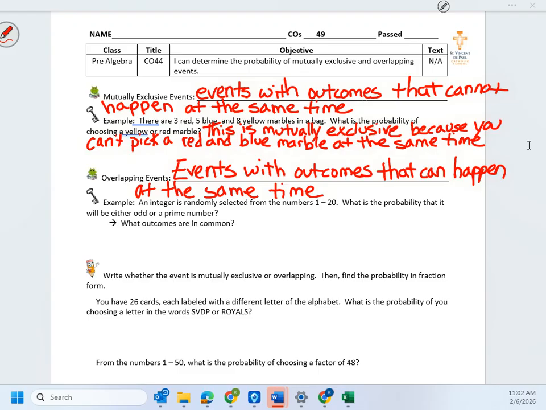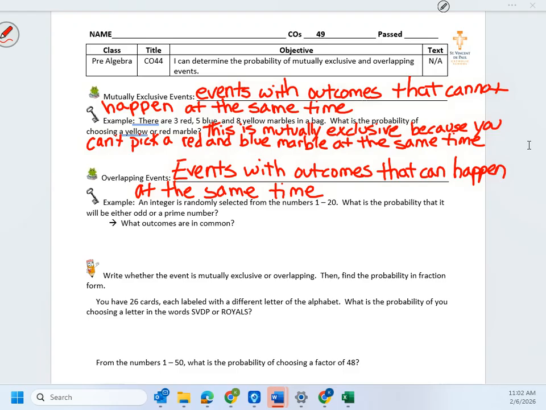Think about our prime numbers. Prime numbers 2, 3, 5, 7. Every prime number is odd except 2. But there are some overlaps between odd numbers and prime numbers.